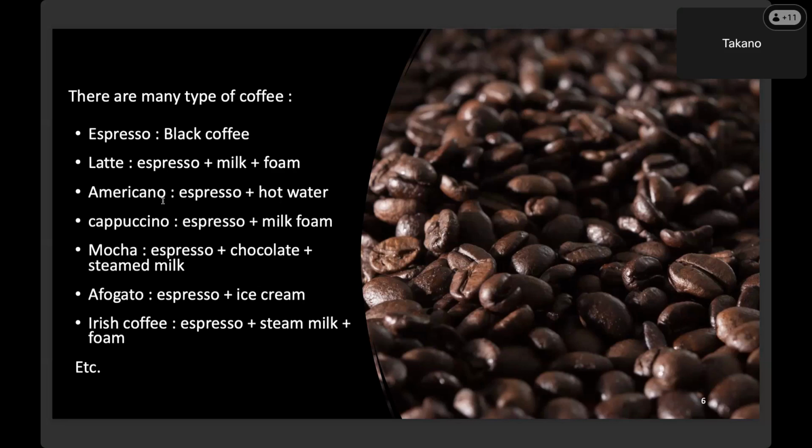So I think this will be very helpful not only for my country, but for the whole world. Even Japan, I checked on Google, is among the biggest consumers of coffee in Asia.